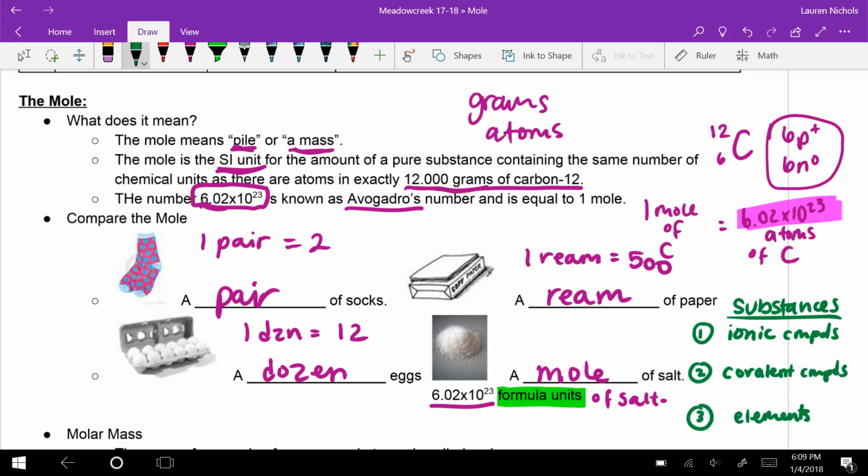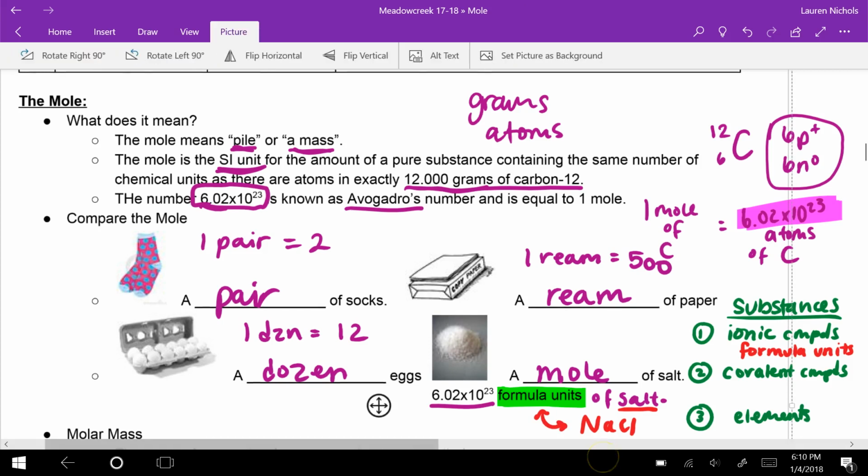Now, this is important because each one will have a different unit that goes with it. So ionic compounds use the word formula units that you see here. So this tells us that salt, otherwise known as NaCl, is ionic because it used the word formula units. We have a metal, sodium, and a nonmetal, chlorine, so we know it's ionic.